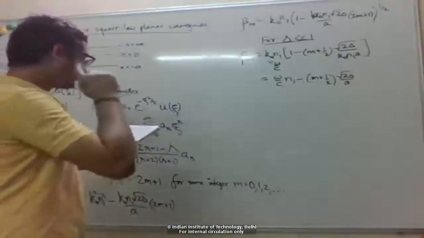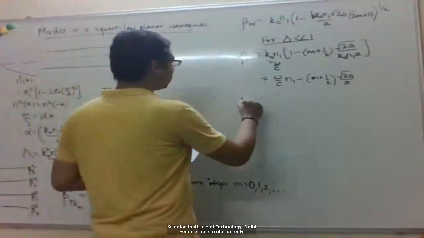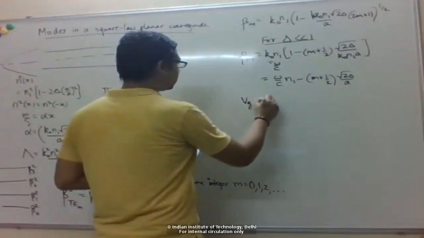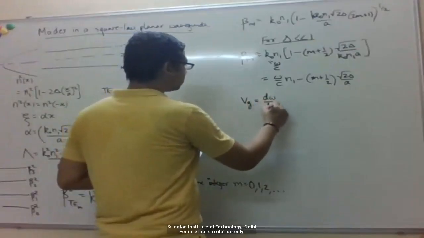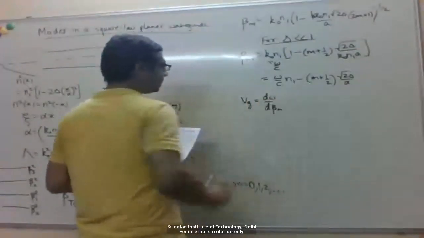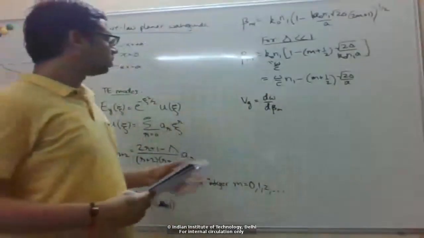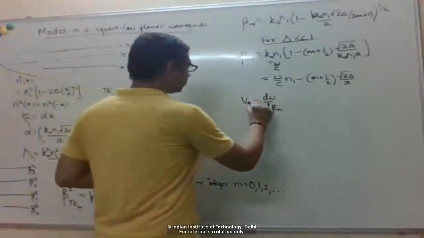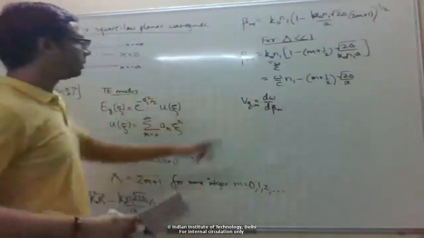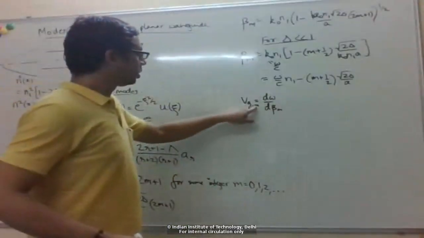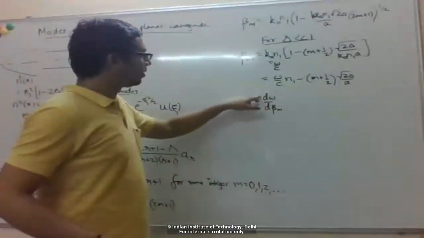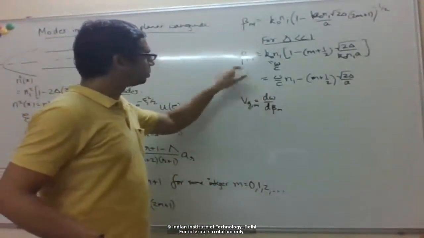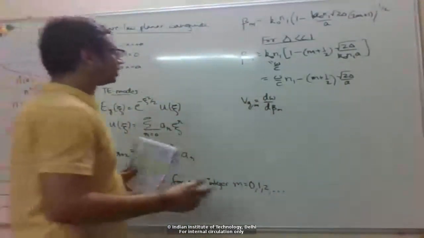Which means, for example, you know the group velocity is basically the derivative of the frequency with respect to the propagation constant. So for the mth mode, the group velocity will be the derivative of frequency with respect to the propagation constant.